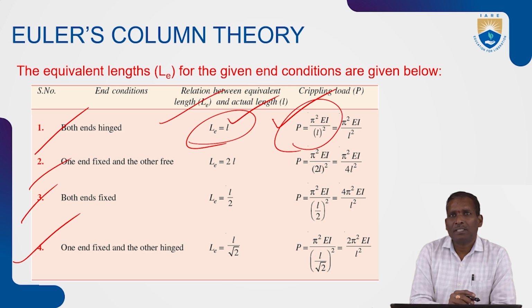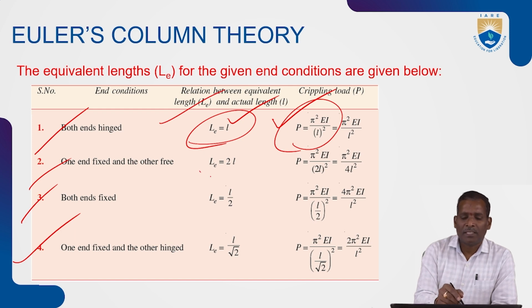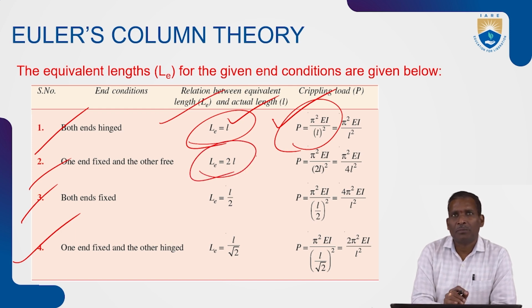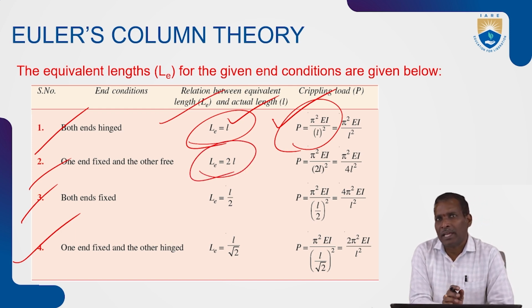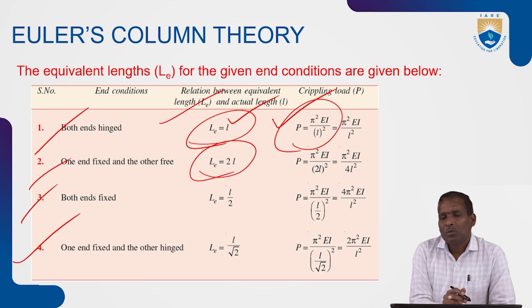When one end is fixed and the other end is free, you can write the relation between the equivalent length and the actual length: LE is equal to 2L.